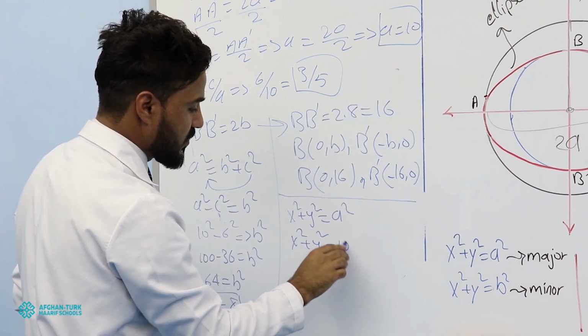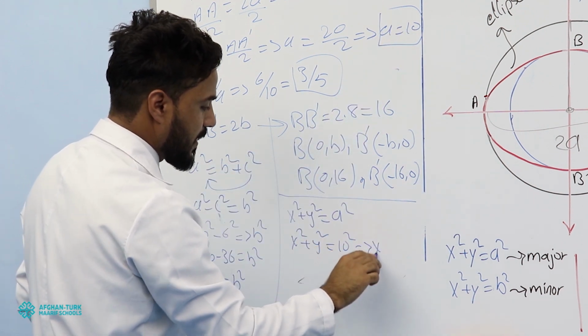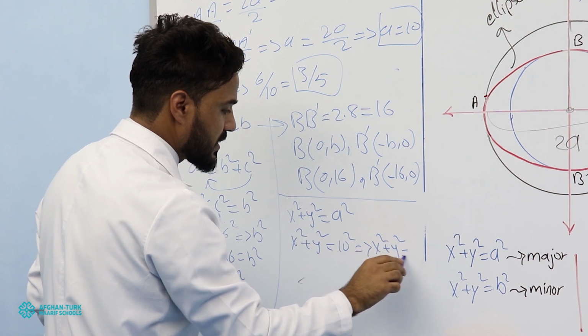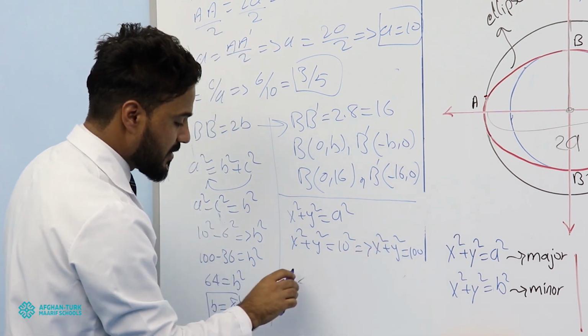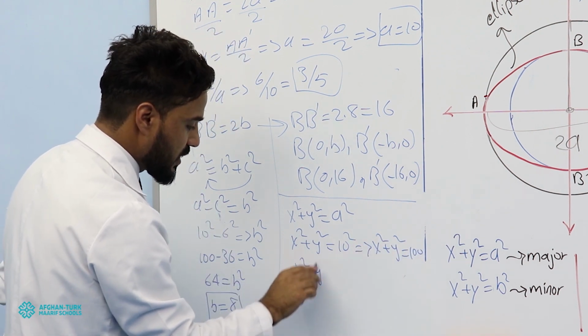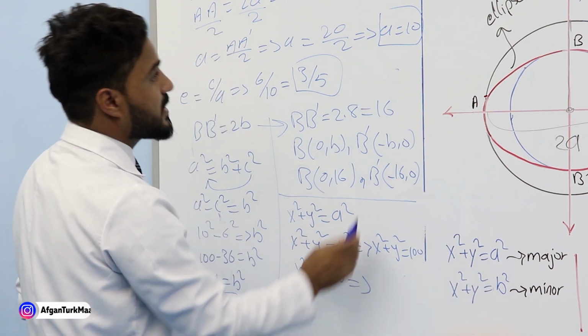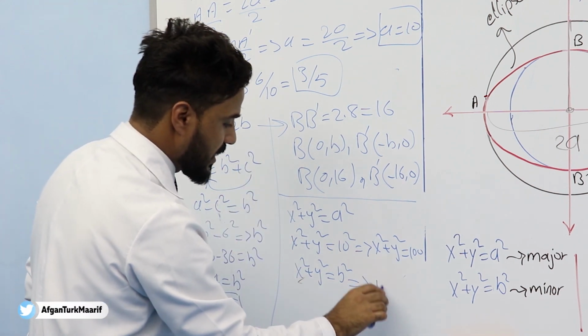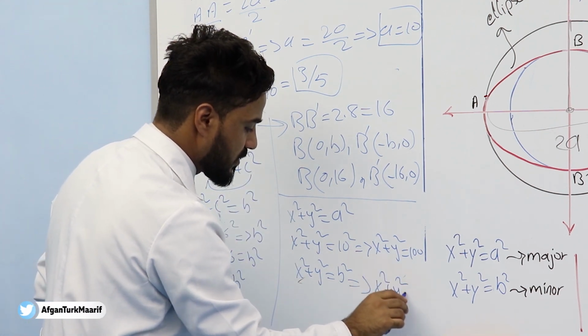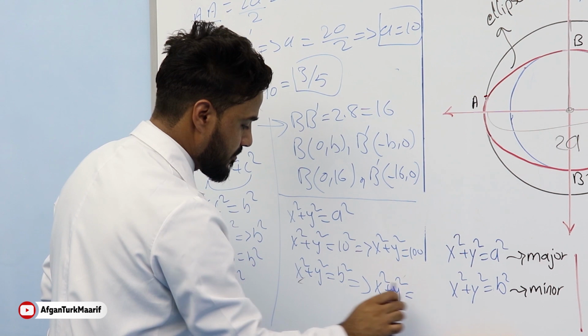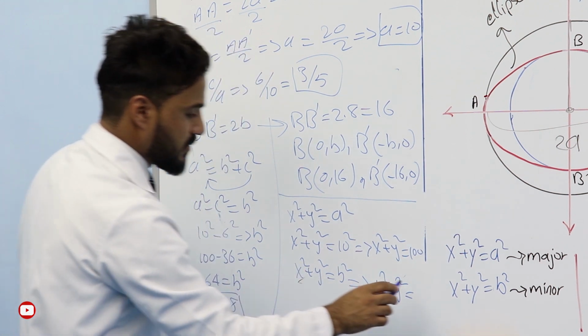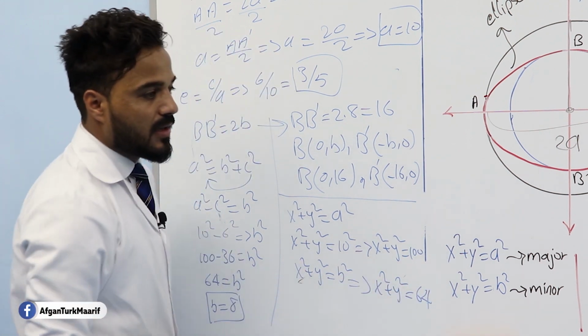So you can write 10 square which is equal with x square plus y square equal to 100. And also for minor axis we have x square plus y square is equal with b square. So b is equal with 8. So you can write x square plus y square is equal with 8 square, so 64.